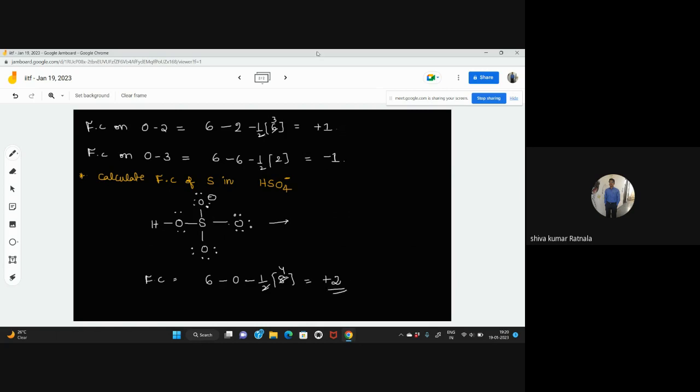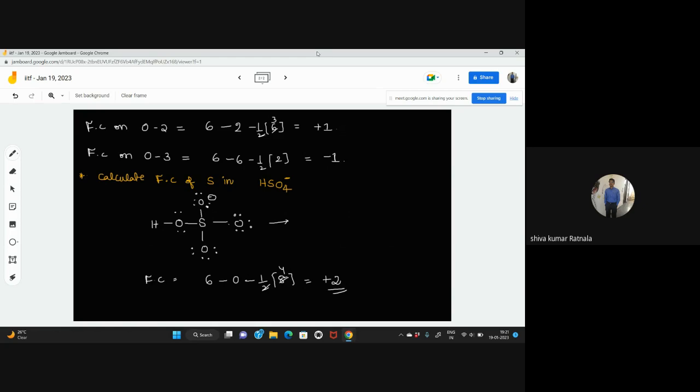Actually, this formal charge we are going to calculate based on the Lewis dot structure only, right? Yes, sir. But if we take double bond, it will go beyond 8, no? Yes or no? Yes, sir. It will form more bonds. That's why we need to calculate like this. First, we need to write the Lewis dot structures only.